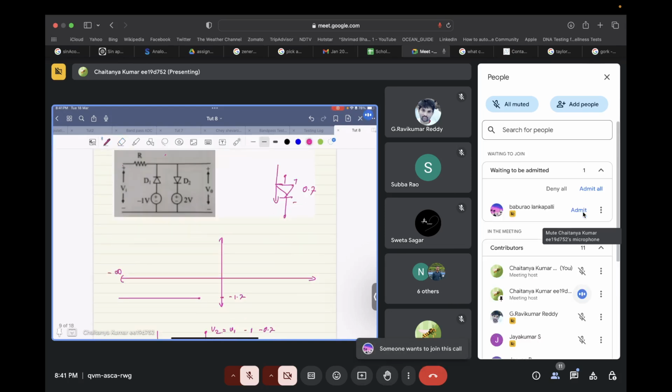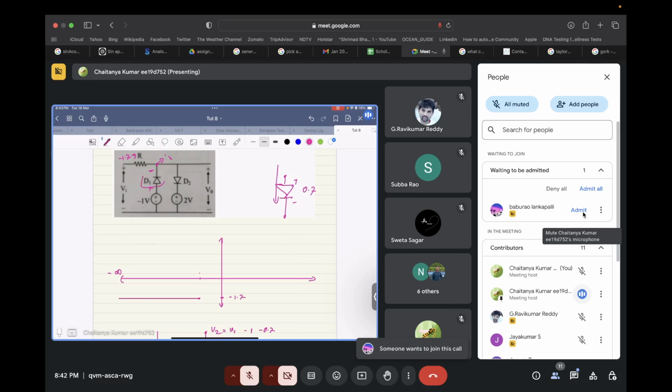So we were talking about when Vi is an extremely negative voltage. Our Vout will be clipped to minus 1.7, and the moment Vi becomes equal to minus 1.7 and starts dropping further, our output voltage will start dropping, becoming less than minus 1.7.